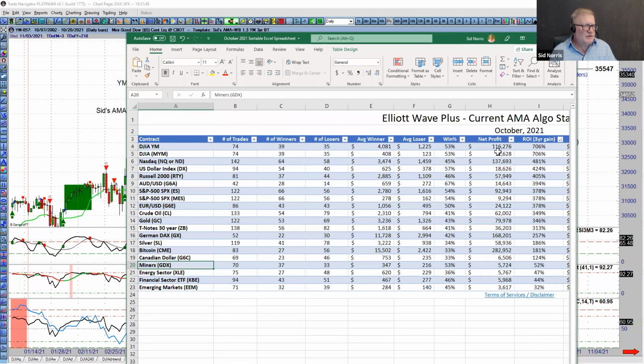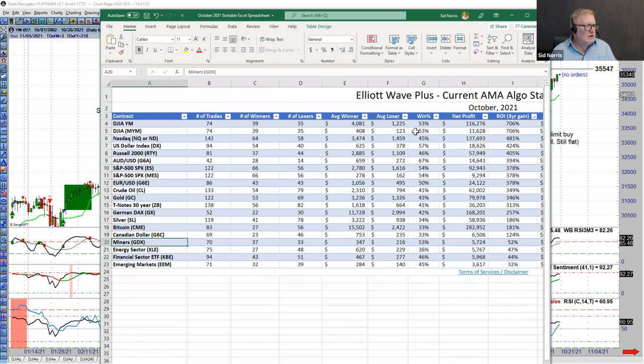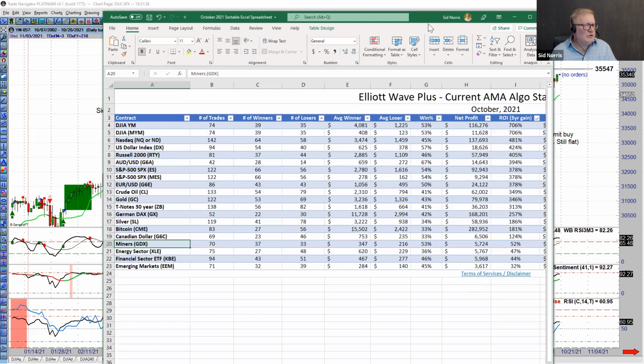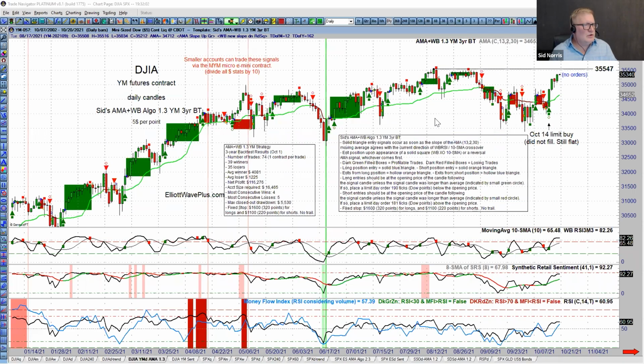What would bring the most profit? So when you design an algo, let's say you want the highest winning percentage possible. Well, here's what you're going to have to do. You're going to have to take profit very quickly, and you're going to have to use a large stop.